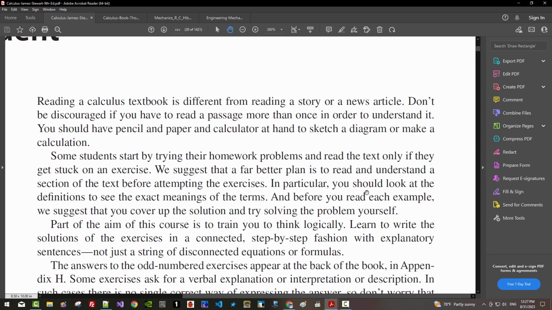In particular, you should look at the definitions to see the exact meanings of the terms. And before you read each example, we suggest that you cover up the solution and try solving the problem yourself.